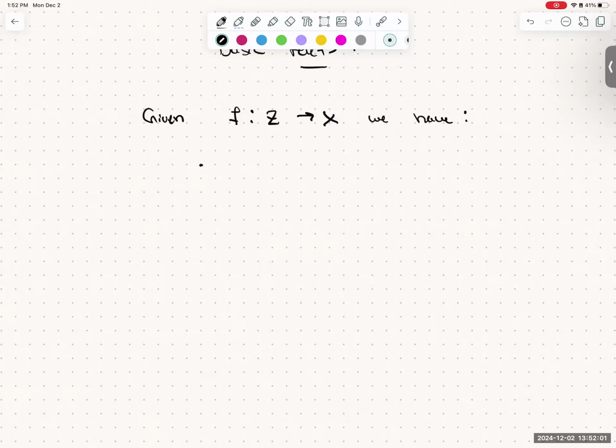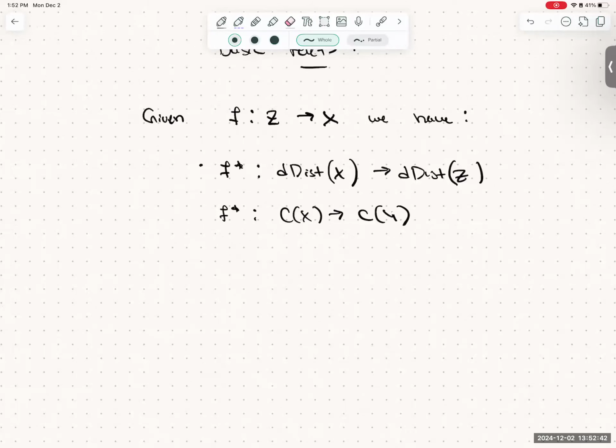We have the following induced maps, F star goes from D. These are for general X and Y actually, but I will suppress the Y just out of laziness. We also have C of Z, sorry.